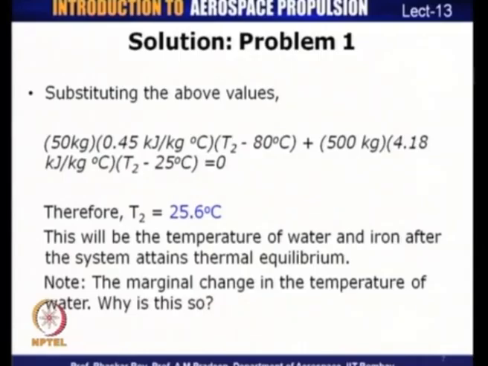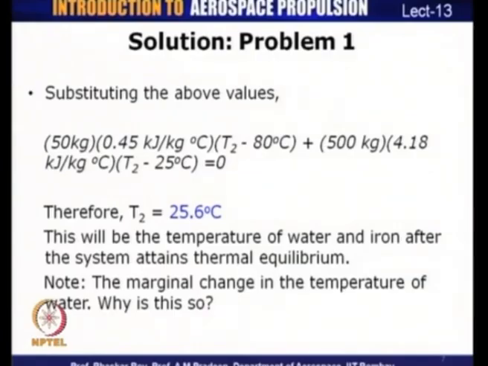So, this is equal to 0. If you solve for this, we can find out T2, the final temperature. So, T2 comes out to be 25.6 degrees Celsius. So, this will be the temperature of water and iron after the system reaches thermal equilibrium. After the system reaches thermal equilibrium, both iron and water will have a temperature of 25.6.